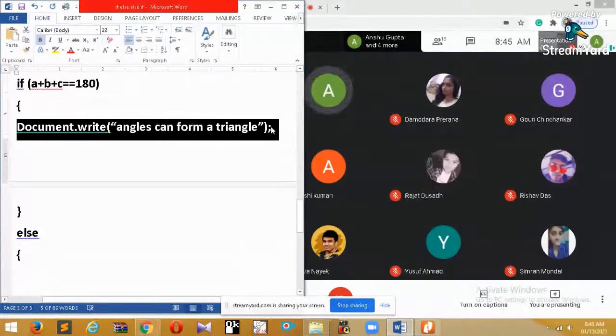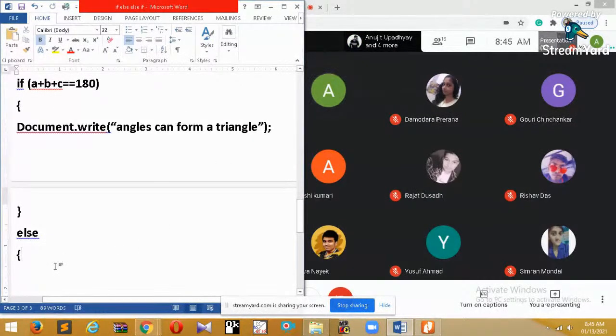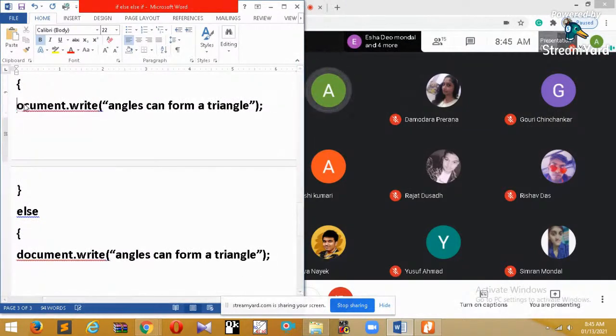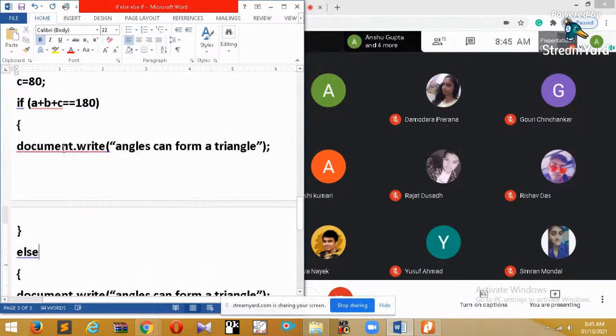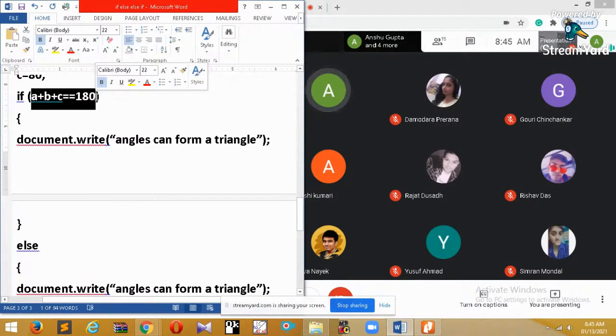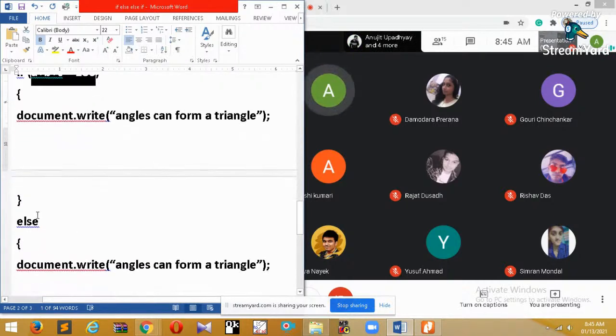But remember, a very important point: when we are writing the else part, we are not writing any type of condition. The compiler will automatically understand that else means if the if part is not working, or this condition becomes false, then it will go to the else part.